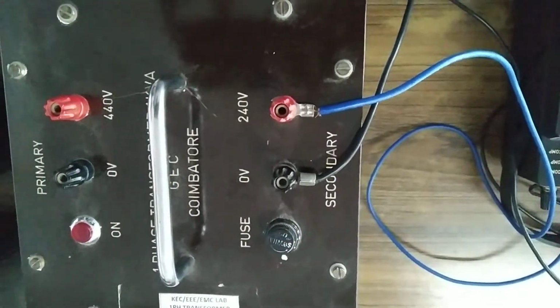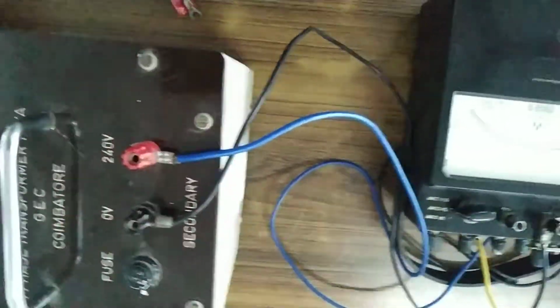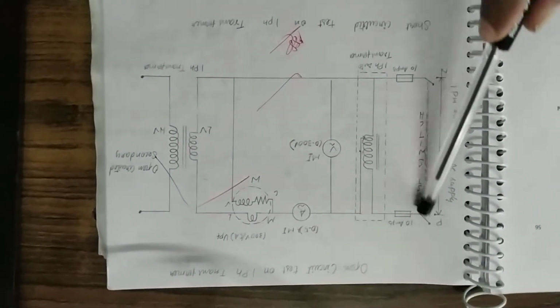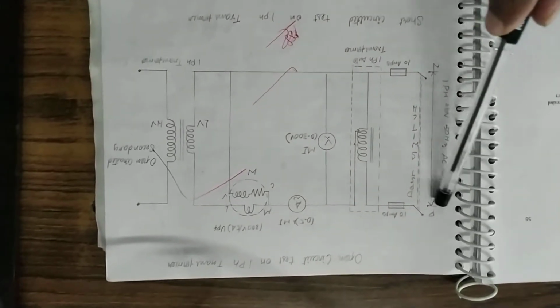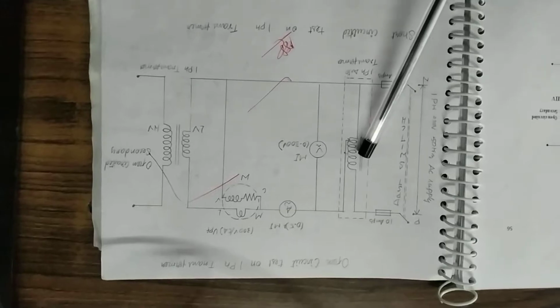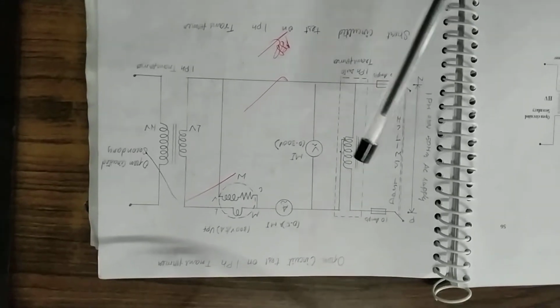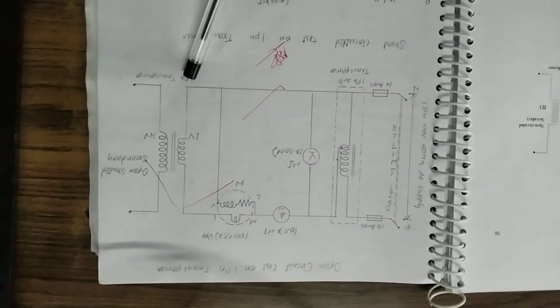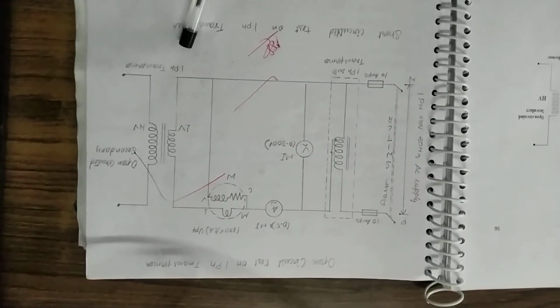Now the circuit diagram for this open circuit test: we give the input AC supply to the transformer through the auto transformer and two or three measuring devices. The duty of the auto transformer is to adjust the input voltage and produce the required voltage for the transformer. Here it is 240 volt.